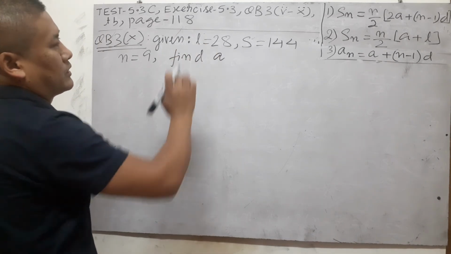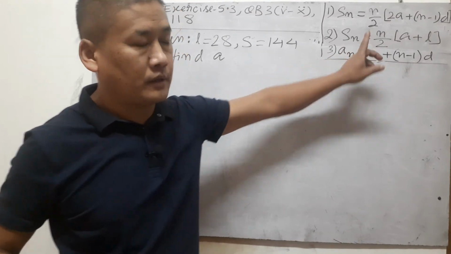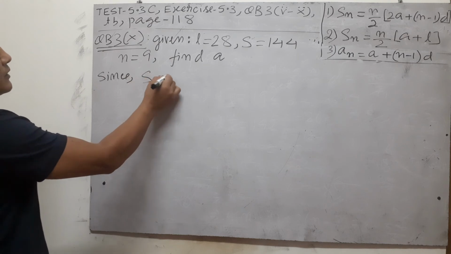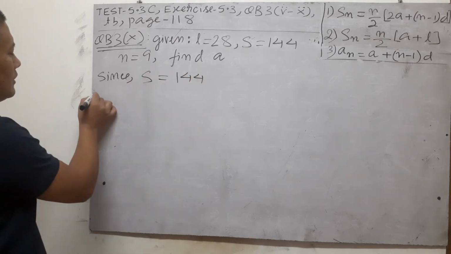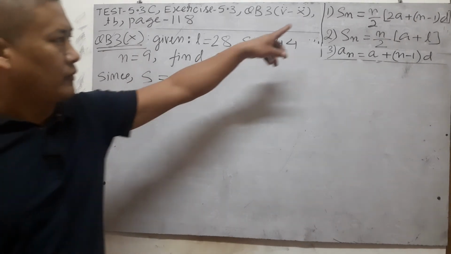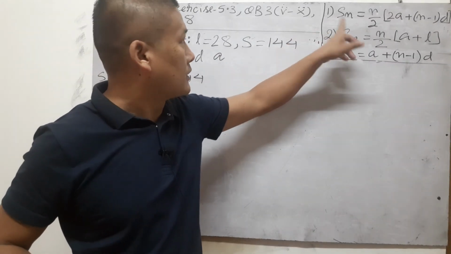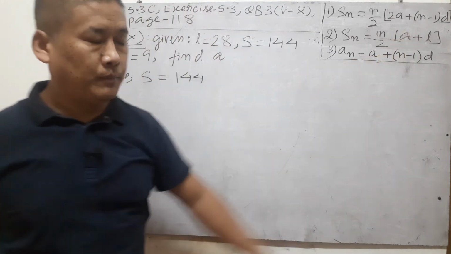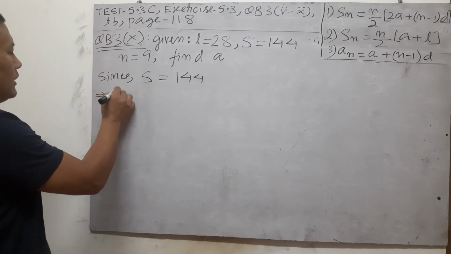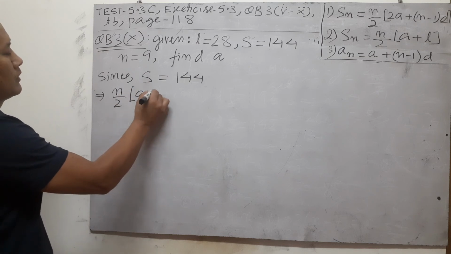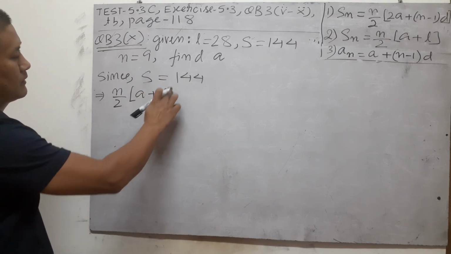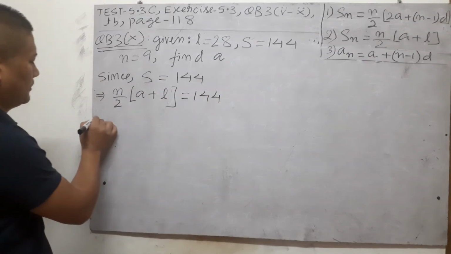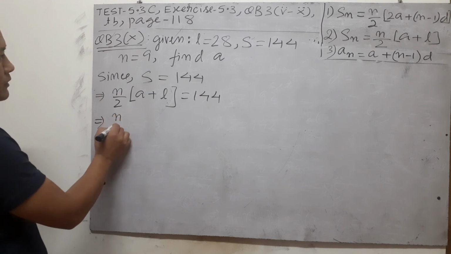Since the last term is given, most obviously we have to use this formula here. Since it's given S, the sum of all the terms, is 144, and in this case last term is given as L, we use the second formula, n by 2 into a plus L, which equals 144.